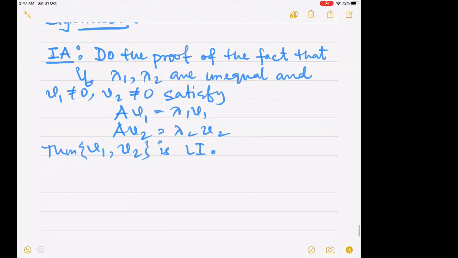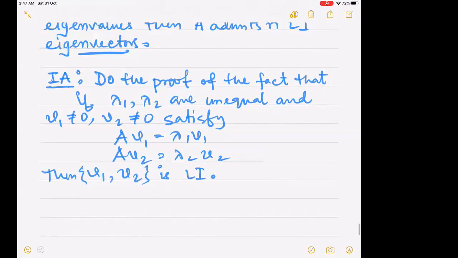Prove this independent of the proof by induction. Of course, that lemma implies this immediate attention problem, but I want you to do this separately, independently.